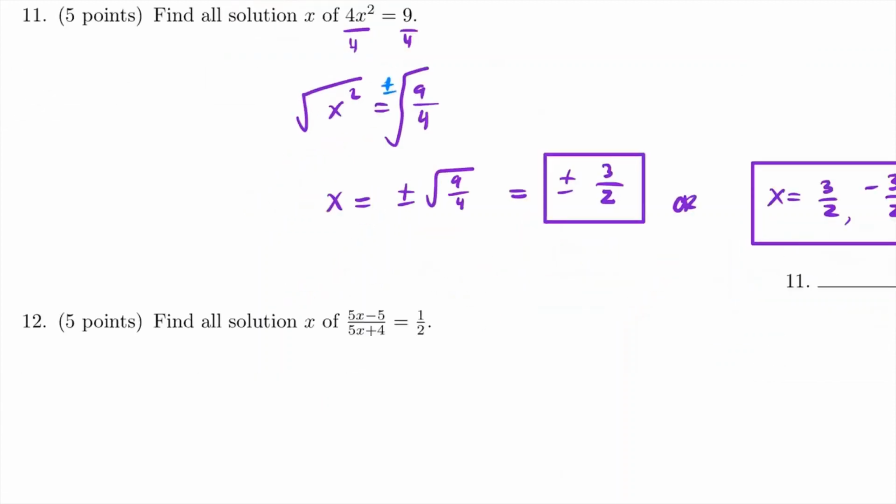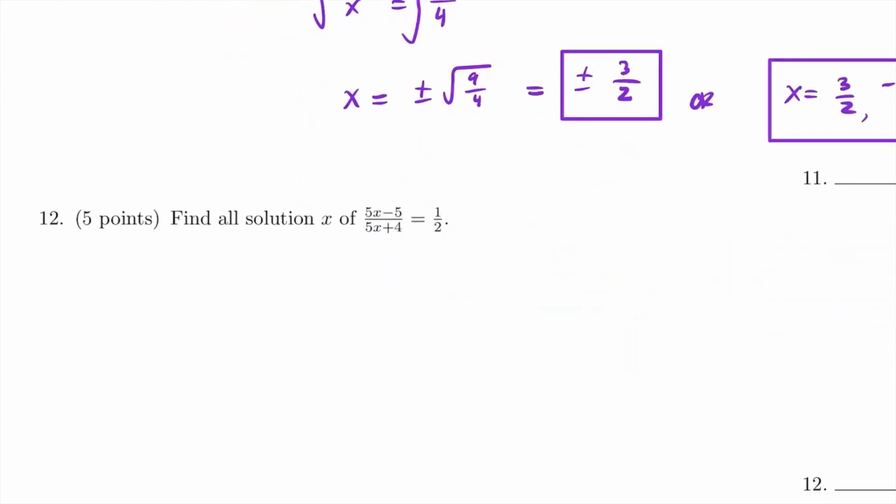All right, so moving on to the next problem, we're going to be solving this equation. So you can multiply both sides by the LCD. The LCD for this problem is 5x plus 4 times 2.